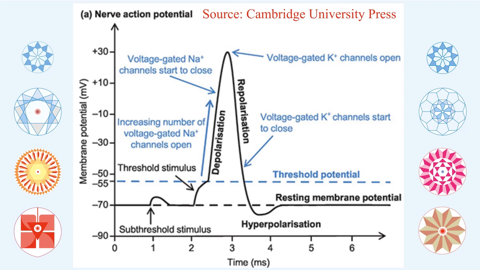So now, missing areas here. Have we missed something which is responsible between minus 70 millivolts and minus 55 millivolts, the threshold value? That's one area. What happens during that period is when the sodium and potassium channels close. Is that enough?